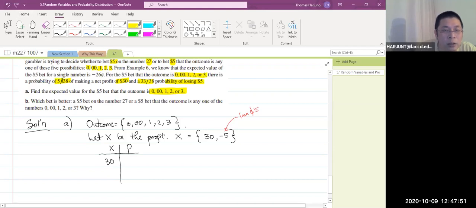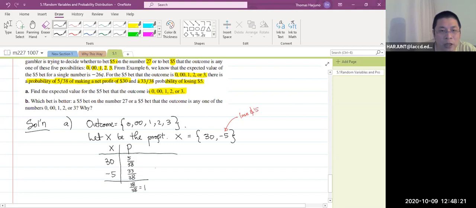That is the probability of making a net profit of $30. Now to lose $5, the probability is 33 over 38. Notice that the total should be 38 over 38, which is 1, right?